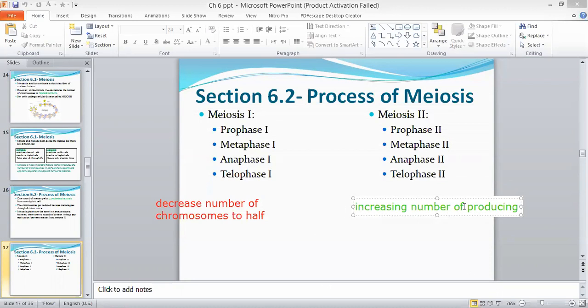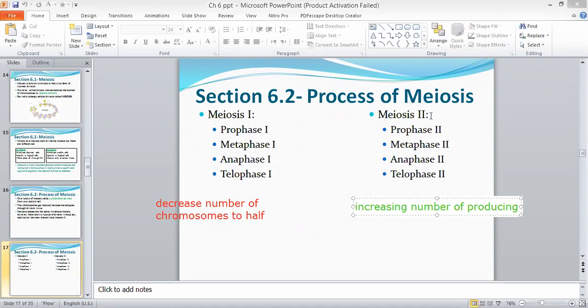So the final producing is 4. So meiosis 1 produced 2 new cells, different from the original cell, as they have just half the number of chromosomes, and meiosis 2 increases the number of producing cells.